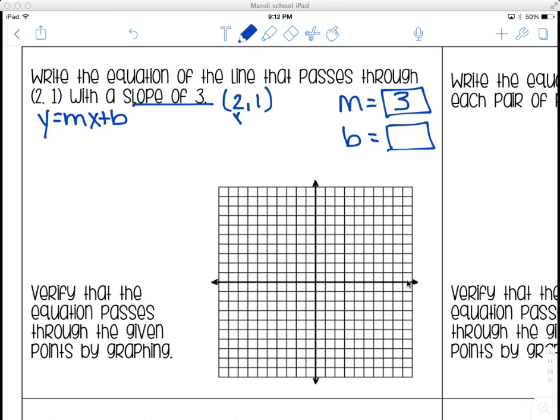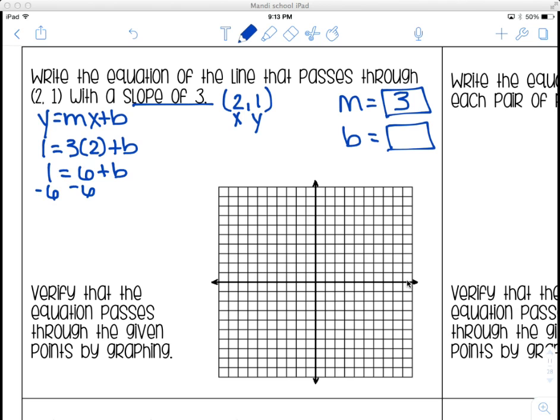Well, that's an x and that's a y. So we can take this information, the x, the y, and the m, and we can use that to solve for b. So if y is 1, m is 3, x is 2, we can solve for b. So 1 equals 6 plus b.